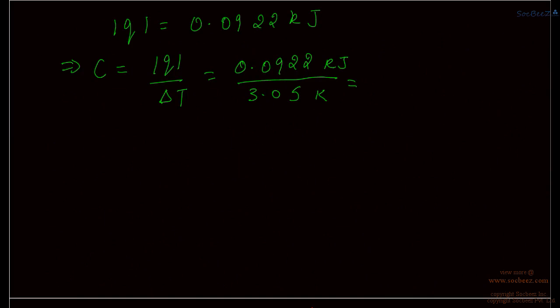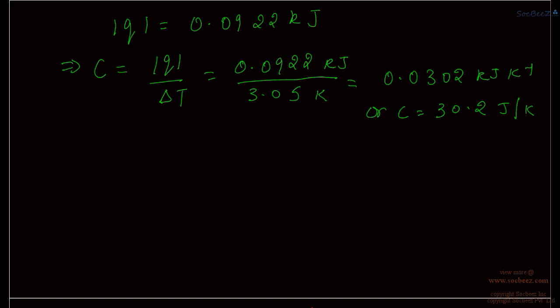From here the value of the heat capacity, or the calorimeter constant, comes out to be 0.0302 kilojoule per Kelvin, or C equals 30.2 joule per Kelvin.